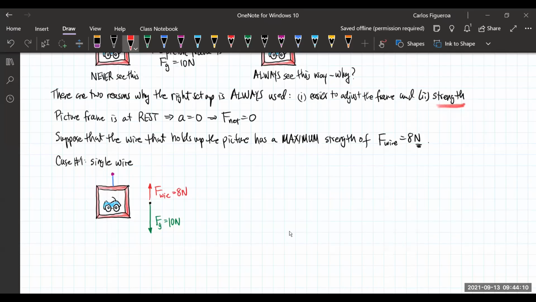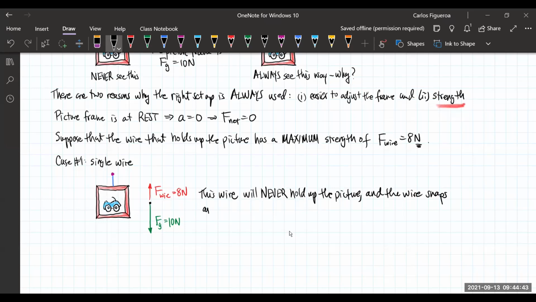So that immediately tells you here that this wire frame will never hold up the picture, and the wire snaps and the picture falls.